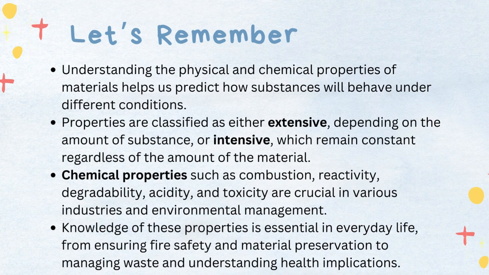Chemical properties such as combustion, reactivity, degradability, acidity, and toxicity are crucial in various industries and environmental management. Knowledge of these properties is essential in everyday life, from ensuring fire safety and material preservation to managing waste and understanding health implications.